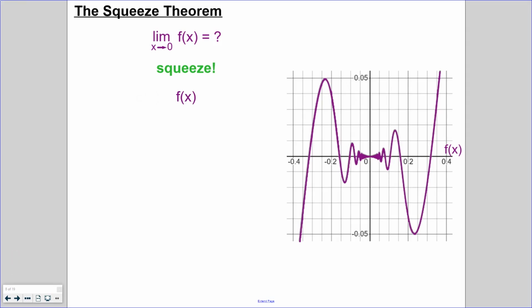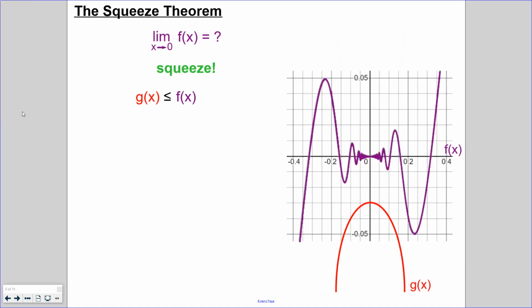To build this compound inequality, we first need to find a function that is always going to be less than f of x. So on the graph, we need a function that's always going to have y values less than all these purple values. In this case, we can choose g of x, which is just this particular upside down parabola.